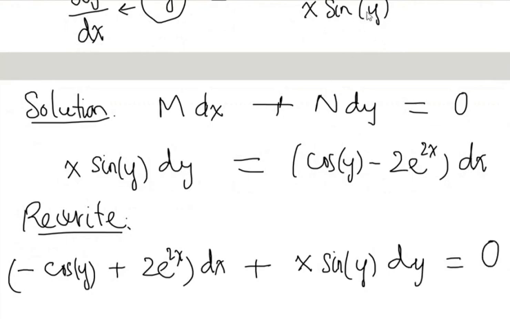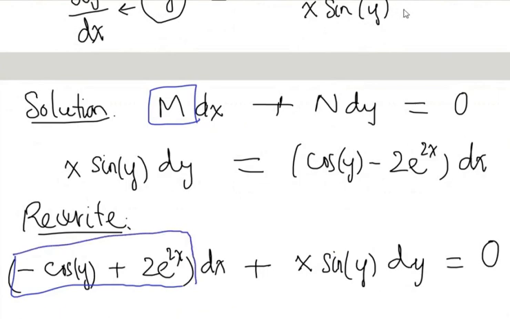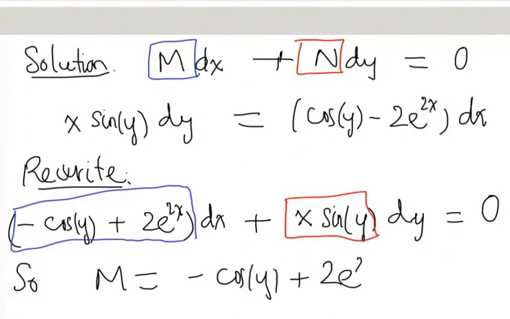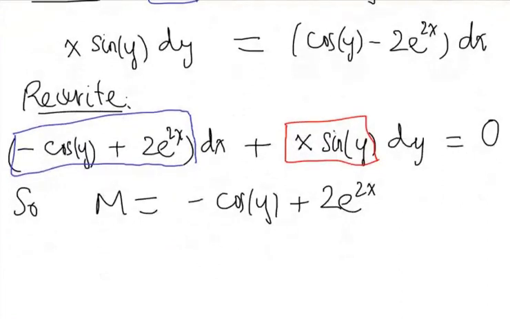And now I have the correct format for the differential form of the equation. So m dx, m is the whole thing here, and n dy, the whole thing there. So m is minus cosine y plus 2e to the 2x, and n is x sine y.